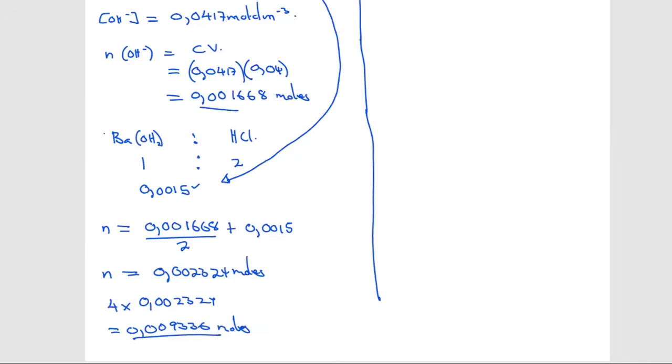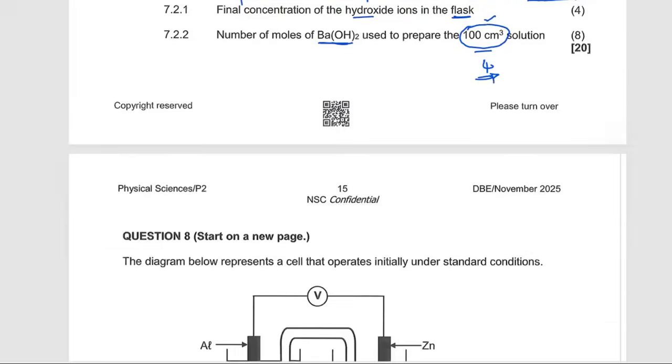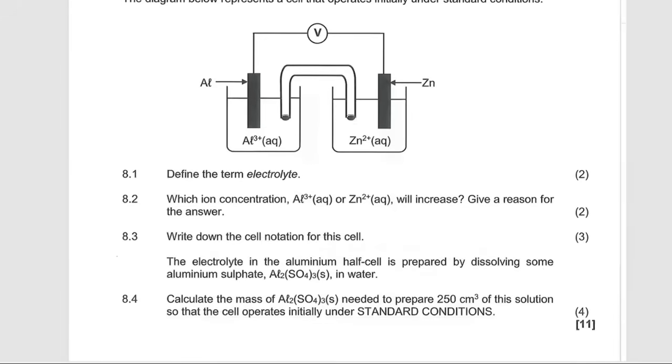Now I'm going to proceed to the next question, which is question number 8. Question 8 says define the term electrolyte. So we need to know what an electrolyte is.